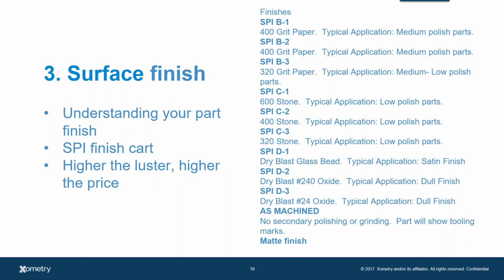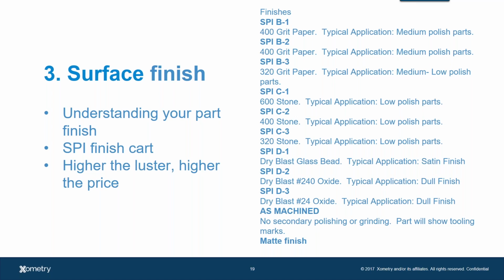Absolutely. And then another cost driver is surface finish. To the right, again, this is what Xometry offers in terms of surface finish. We do offer some others on a case-by-case basis, but you can always send that in your request for quote. And then, just like the surface finish, understanding your part.